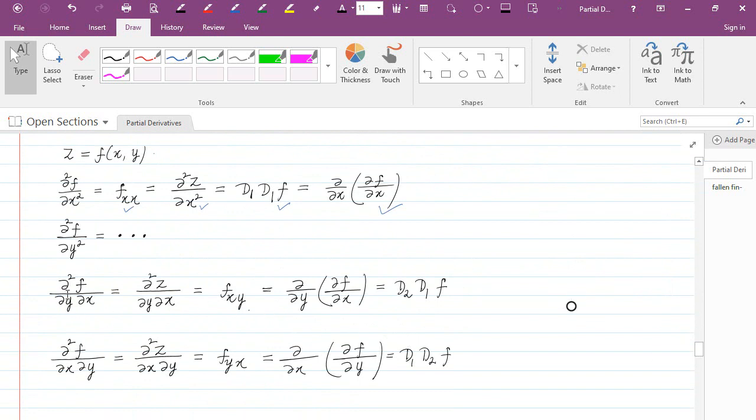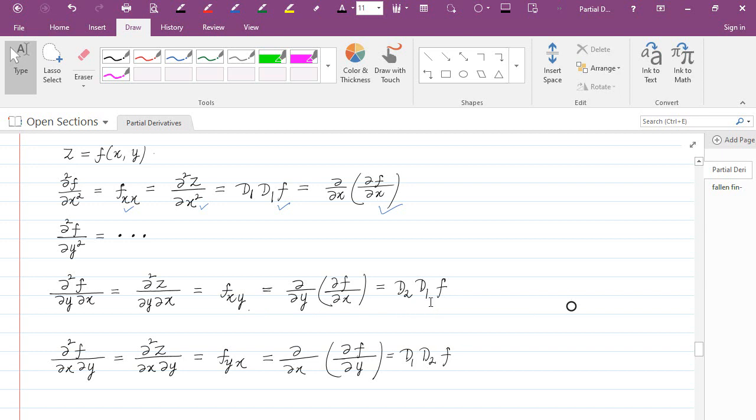This is the second partial derivative of f with respect to x and then with respect to y. Because we are using z to denote f of xy, we can also write the second partial derivative of z with respect to x and then y. This is also denoted by fxy. So you take the partial derivative of f with respect to x and then with respect to y.